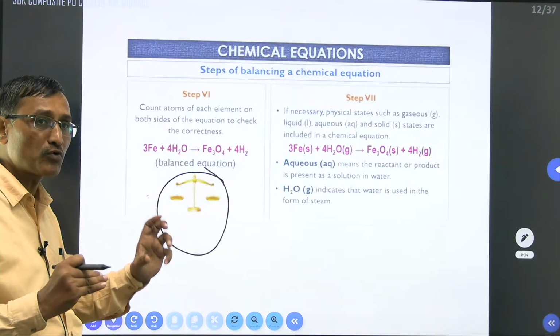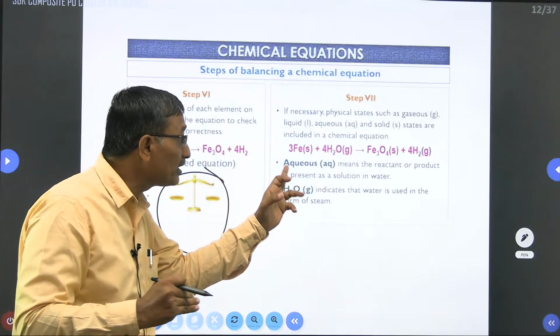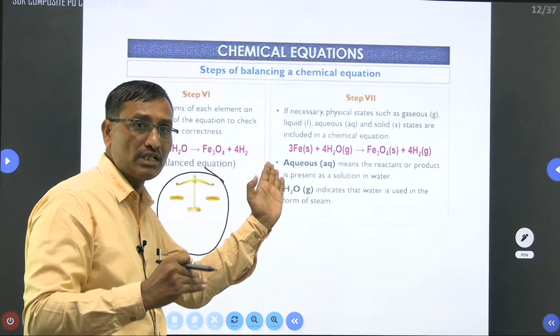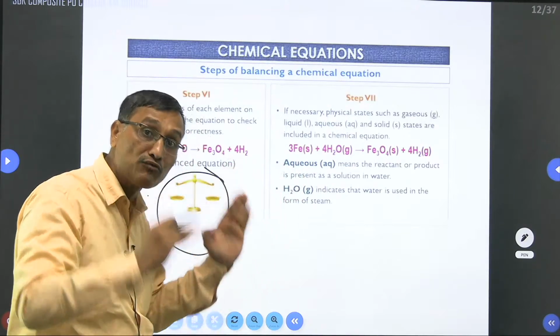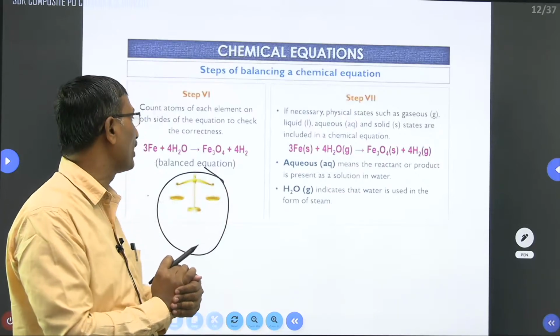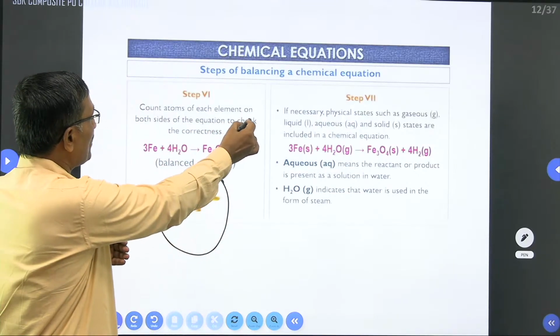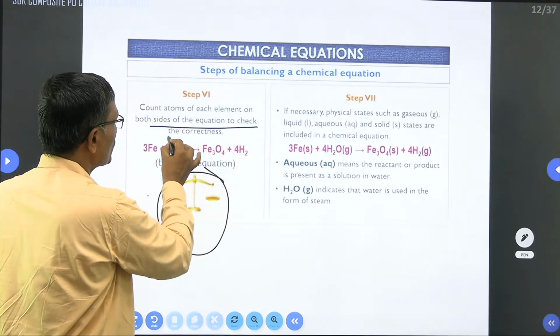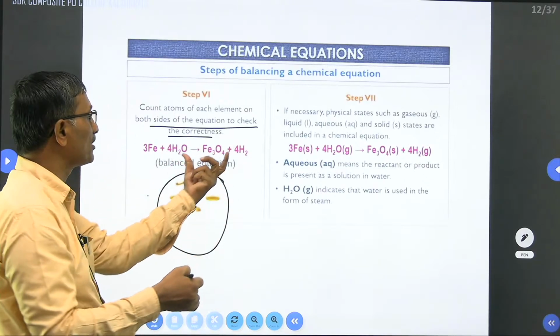Each and everything you have to see. That means it gives more information. Your chemical reaction should be more informative. How to make it informative? Count atoms of each element on both sides of the equation to check the correctness. We came to know the balanced equation.